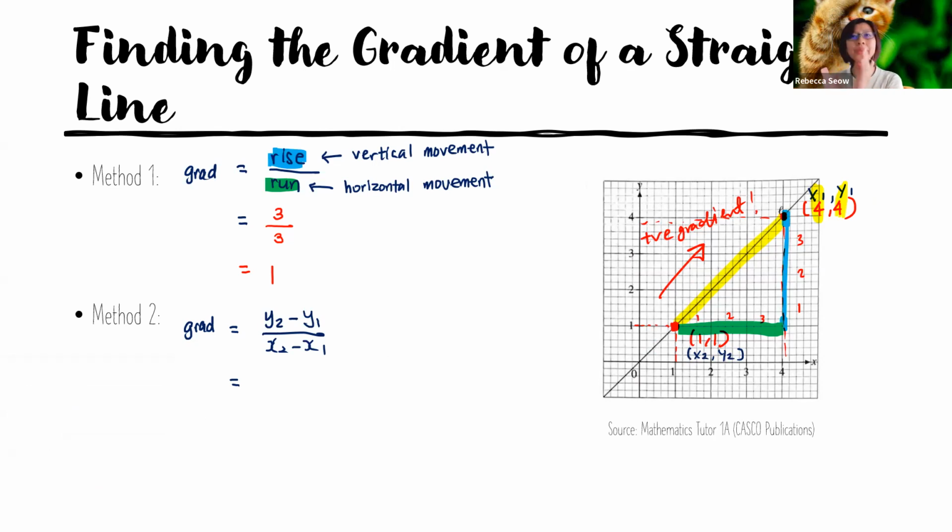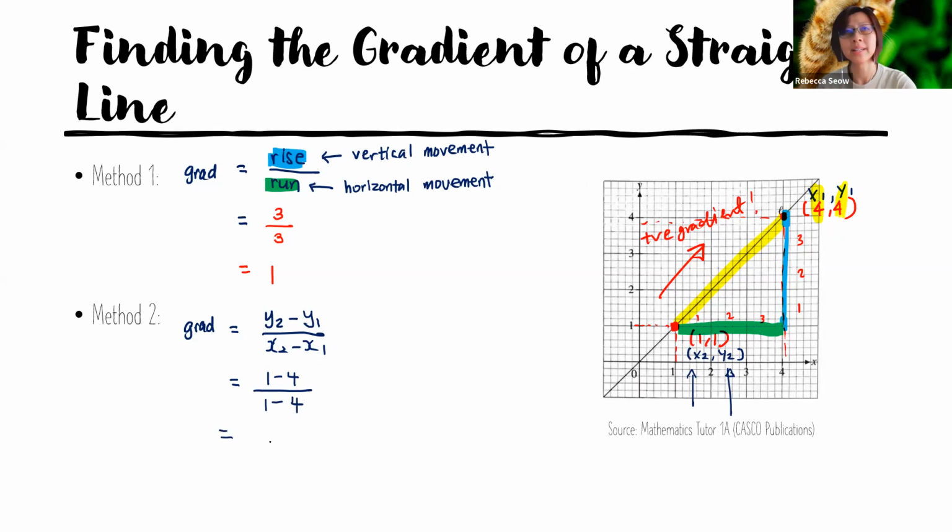So now that we know what stands for which number, we are going to substitute these values into the formula to get the gradient. Okay, so y2 minus y1. Where is my y2? My y2 is here. So my y2 value is 1. My y1 value is 4. So 1 minus 4 out of x2 value, which is 1, minus x1 value, which is 4.